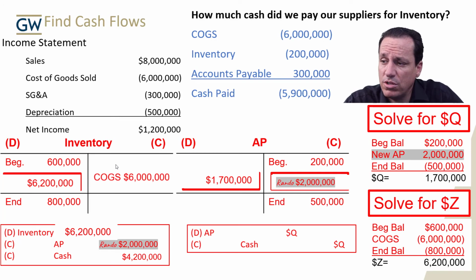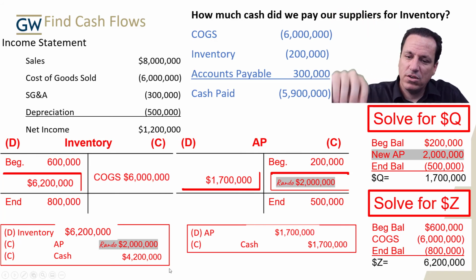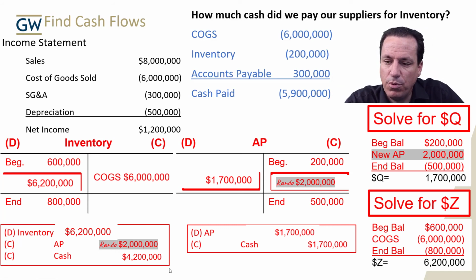This is just what we're doing so that you can see that the actual cash paid to customers is 5.9. So that 1.7 actually ends up being part of this journal entry right here. And as a result, we know what that cash amount is. So now we know the cash related to the accounts payable. And then we also, through this, know the cash in this hypothetical example that was used in purchase of inventory.